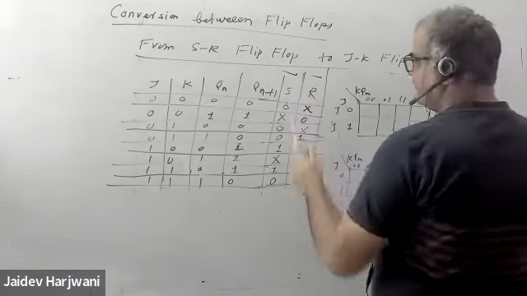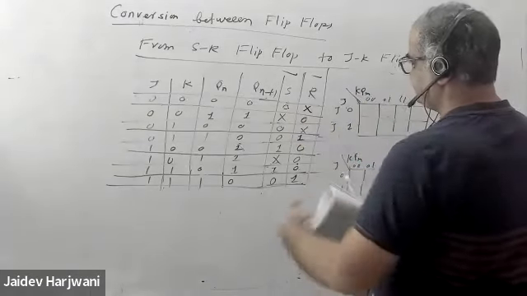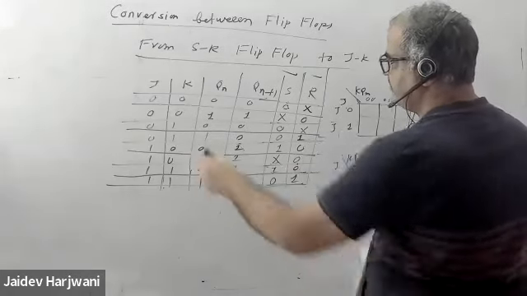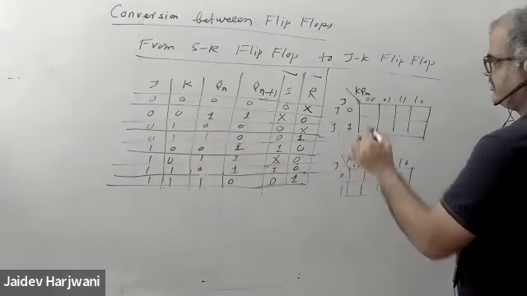Now first fill the table for S. For 0 0 0 it is 0, so put 0 here.